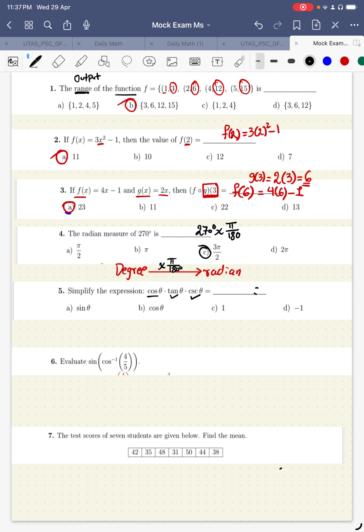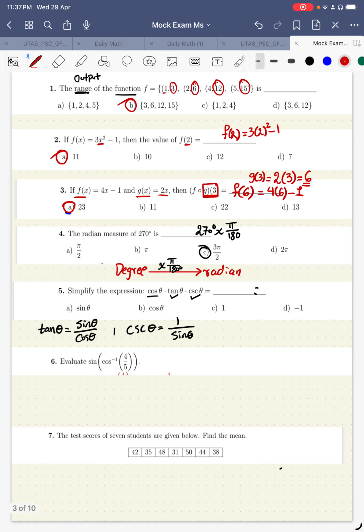So I'm gonna use the trigonometric identities. I know that tan of theta equals sine of theta divided by cosine of theta. Also, I know that the cosecant of theta is the reciprocal of sine, so it is 1 over sine of theta.